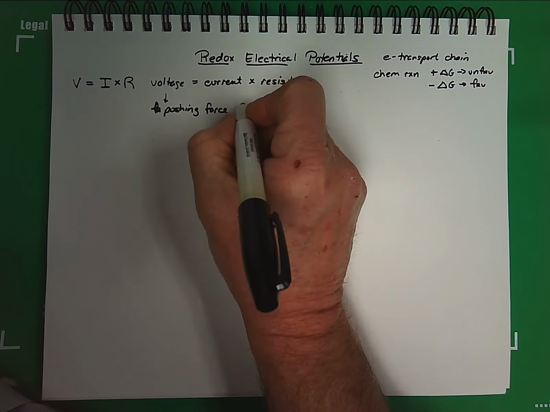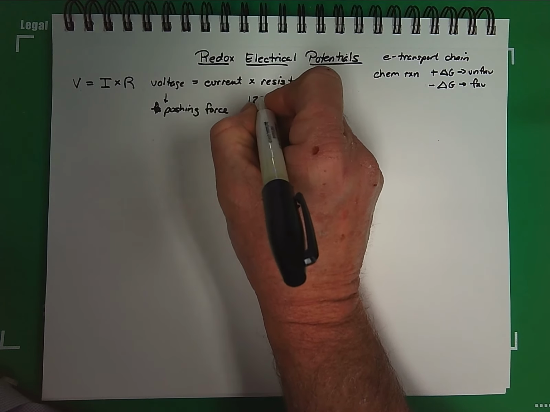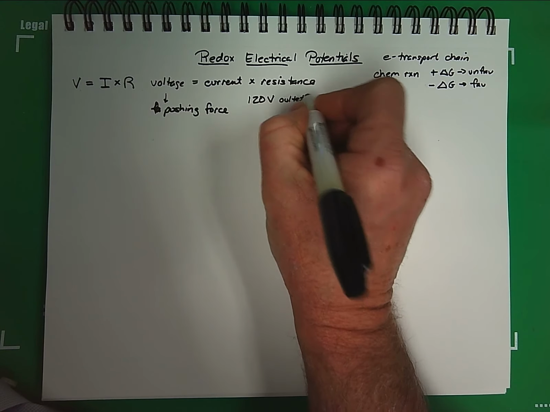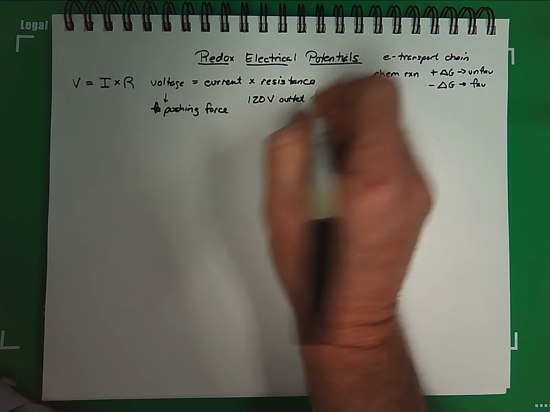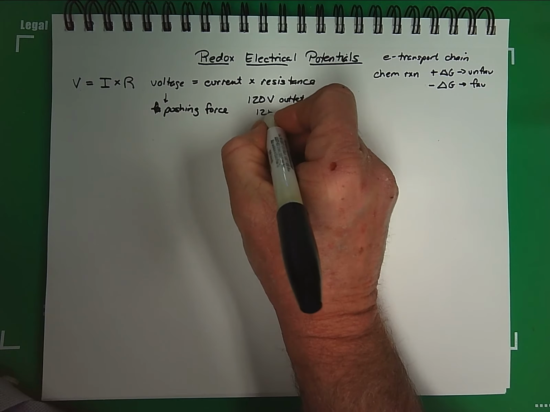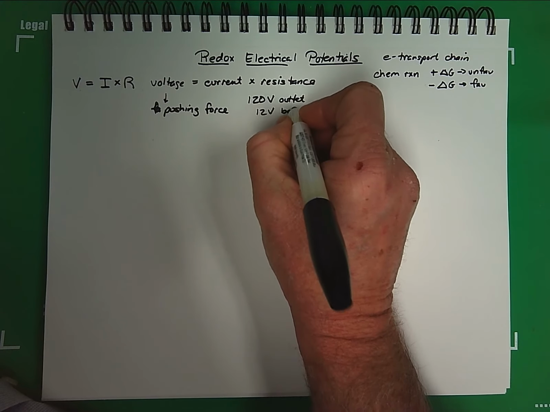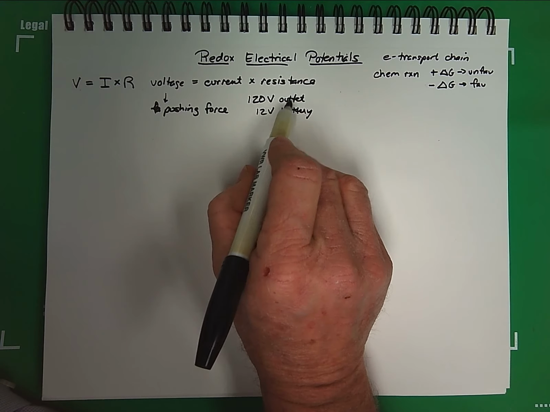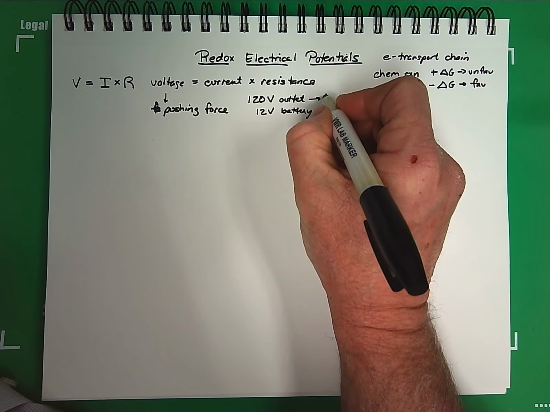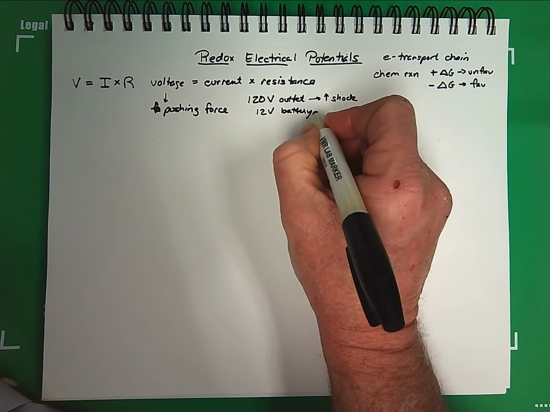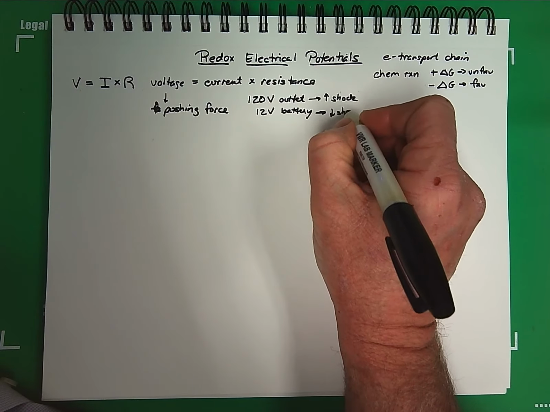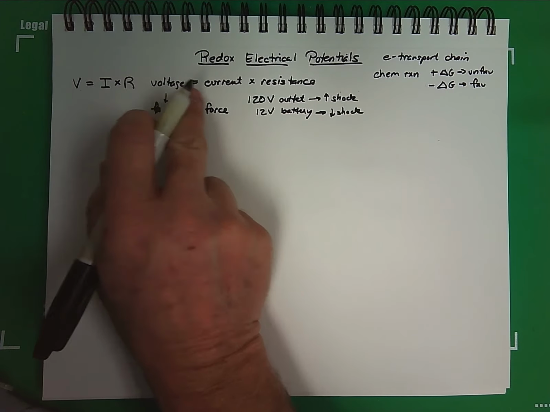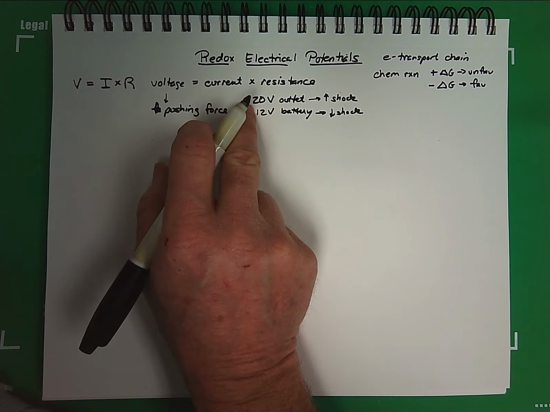We know this intuitively because if we look at our 120 volt electrical outlet in our home and compare this with a battery of 12 volts, the electrons that come out of here will give us a much greater shock than coming out of the battery. And the reason for this is because of this pushing force. So the higher the voltage, the greater the electron movement.